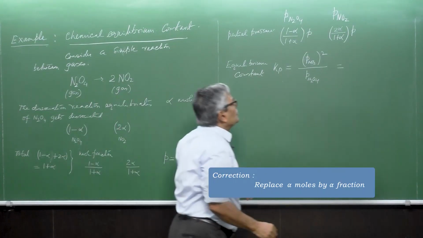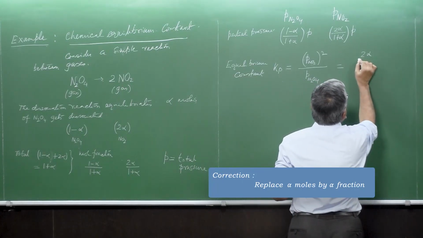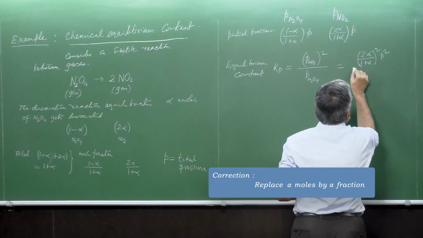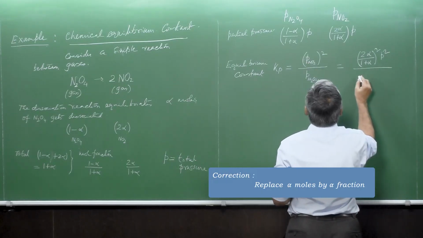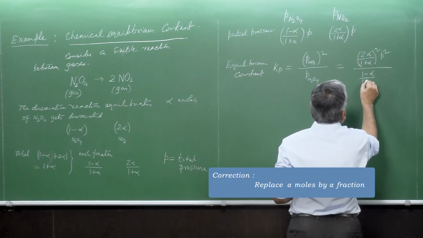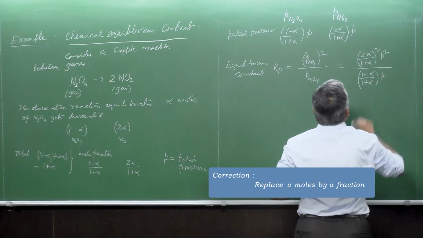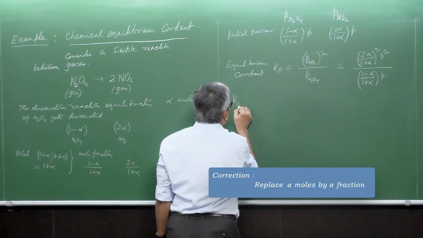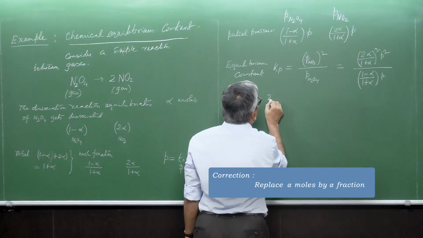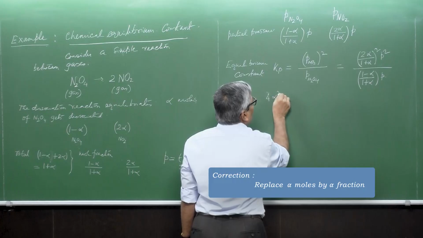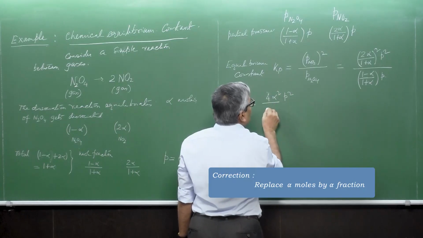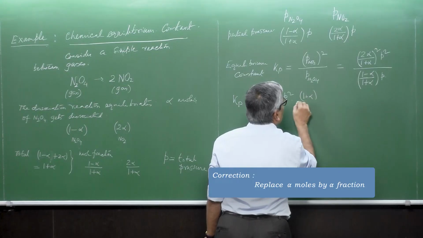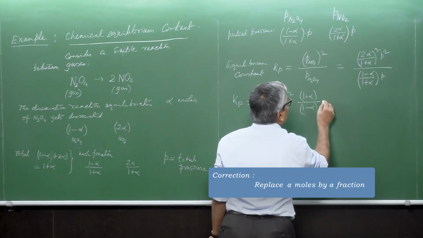So this means we have 2 alpha by 1 plus alpha, squared, times P squared, divided by 1 minus alpha by 1 plus alpha times P. This should be the ratio, and so Kp we rewrite as 4 alpha squared P squared by 1 plus alpha whole squared, times 1 plus alpha divided by 1 minus alpha times P.